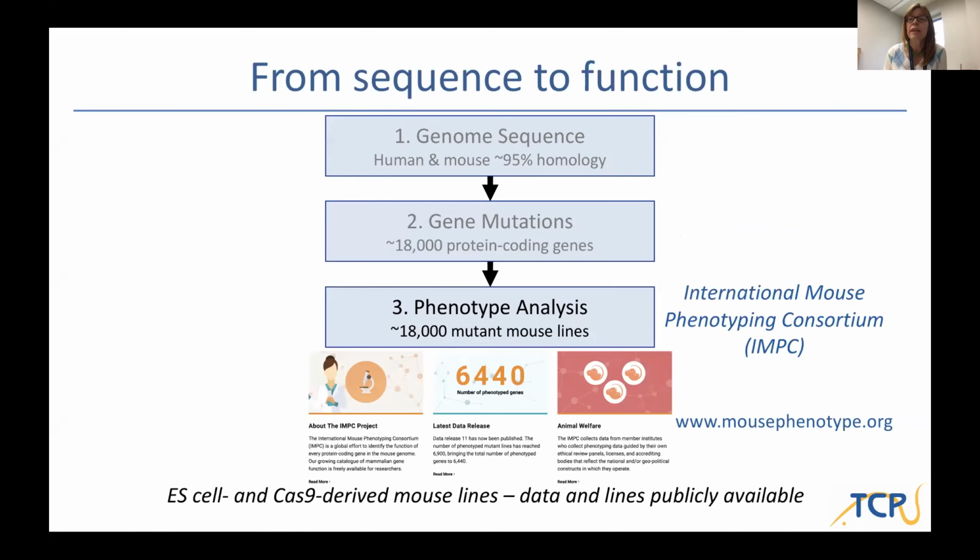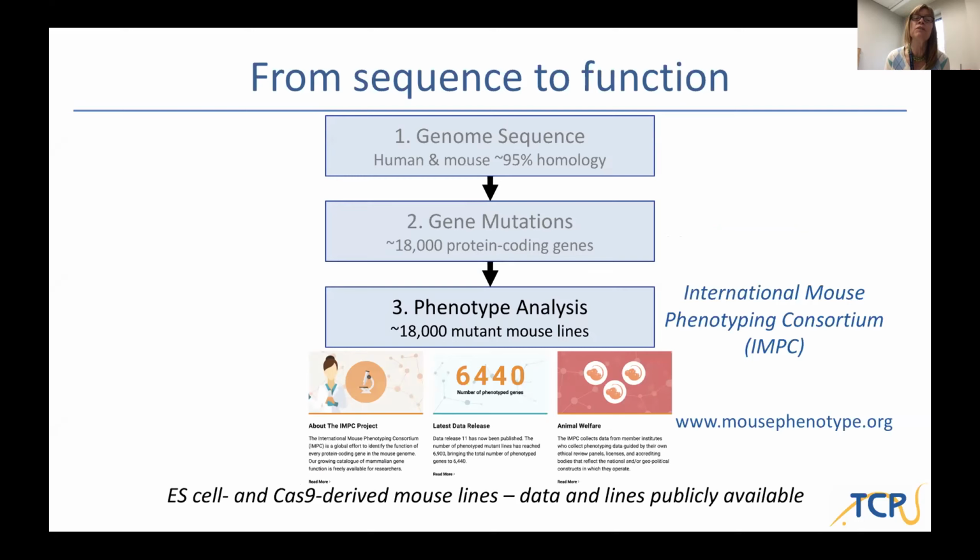After the IKMC ended, that was a 5-year effort, the International Mouse Phenotyping Consortium started, and we undertook the conversion of those ES cells into mouse lines and then the phenotypic analysis of those mouse lines. So what happens to a whole organism when you remove the function of this gene?